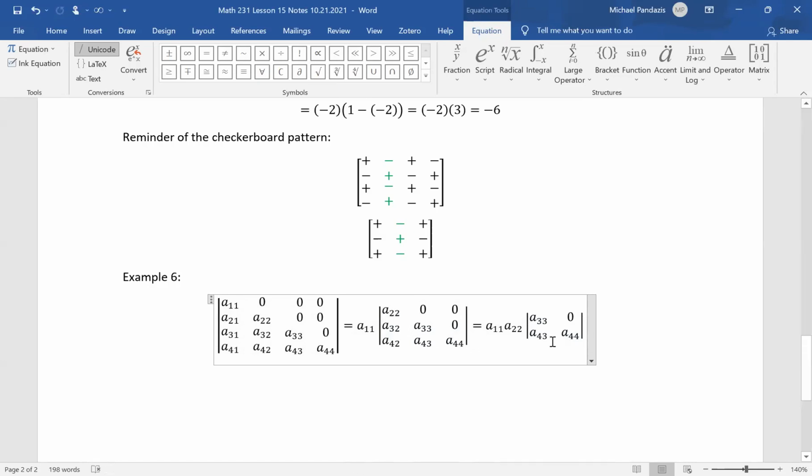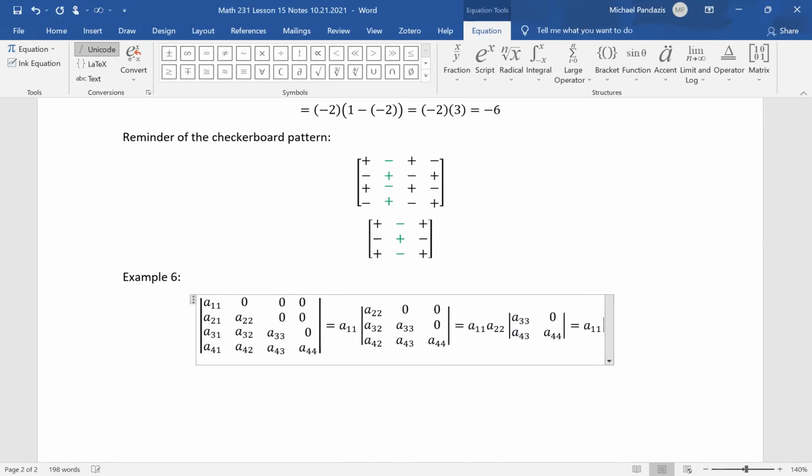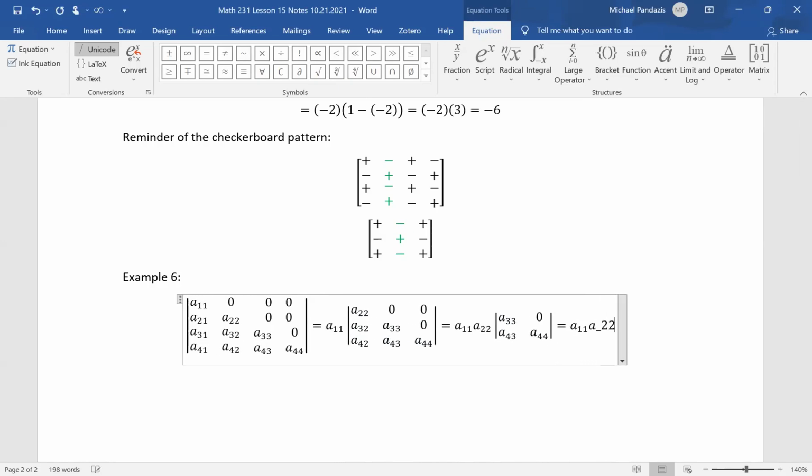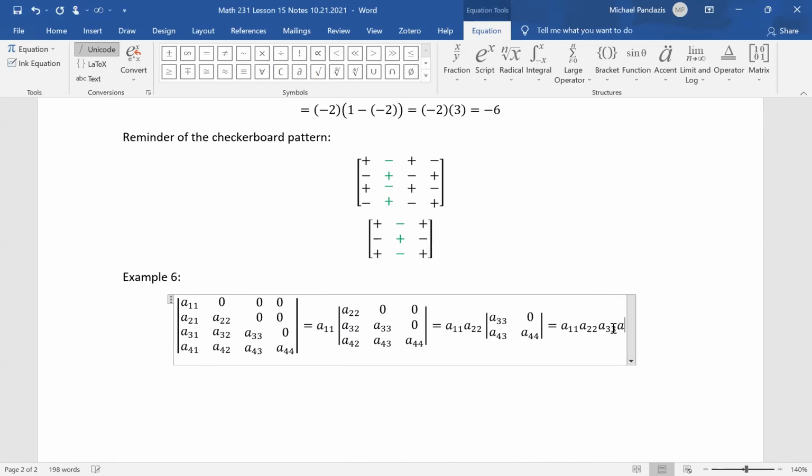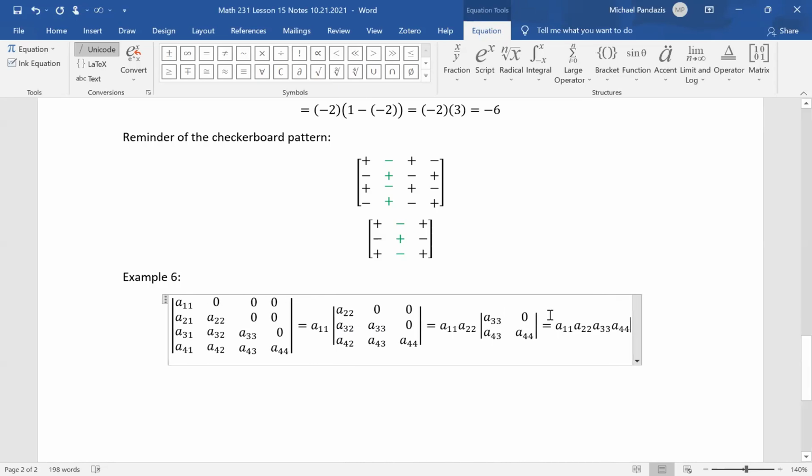Now if you take the determinant of that 2x2 matrix, what you get is A33 times A44 minus 0 times that, so you get this product. And so we found that the determinant of a lower triangular matrix is just the product of the entries on its main diagonal. It's A11 times A22 times A33 times A44.